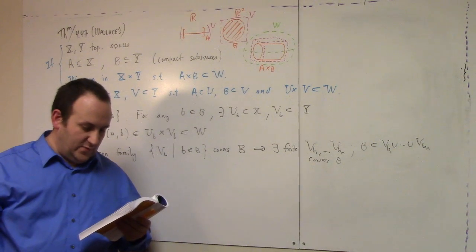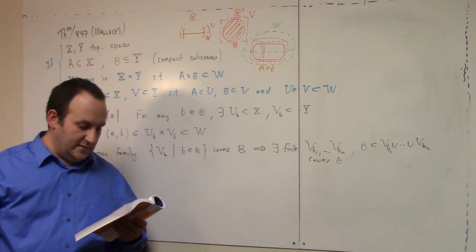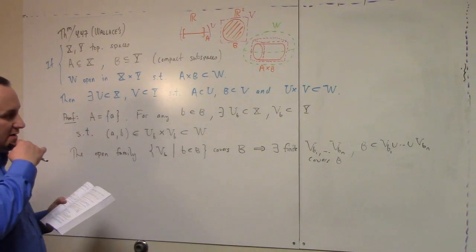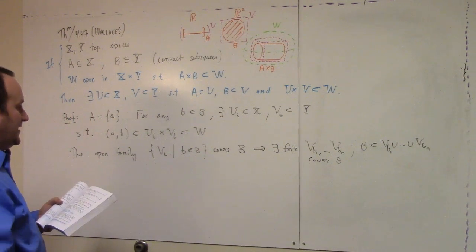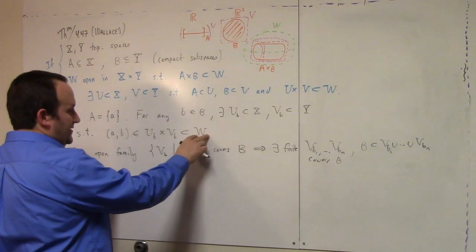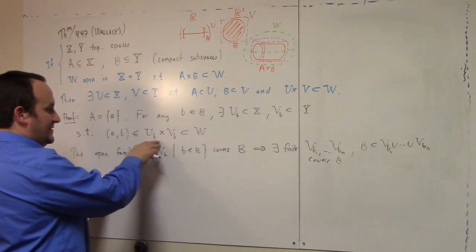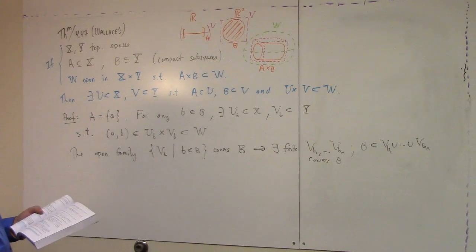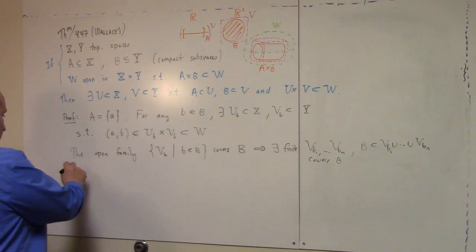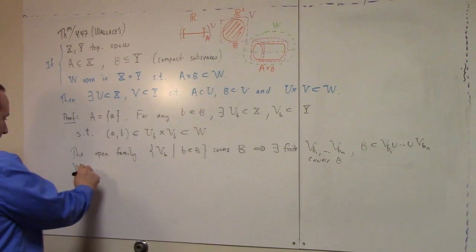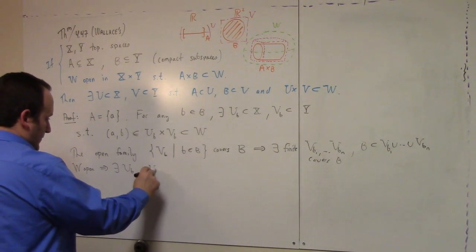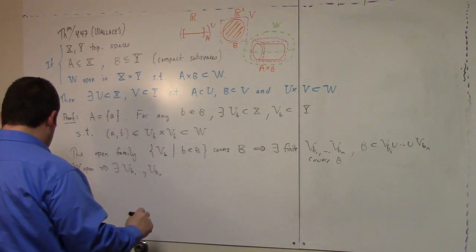And he says define the open sets U_B1 through U_BN. Likewise, like you were saying, because W is an open set in the product topology, that implies the existence of the U_B1, U_B2, U_BN. So W open implies that there exist U_B1 through U_BN, and then what did he do?